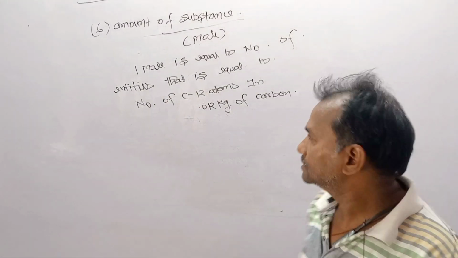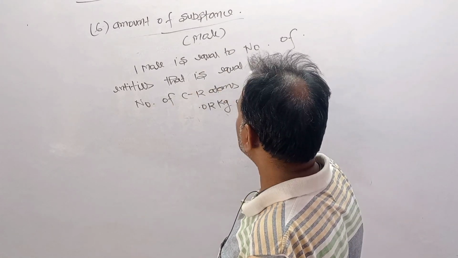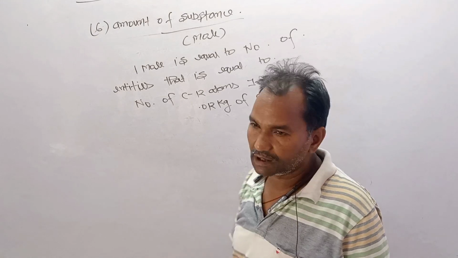What is said? 1 mole is equal to the number of entities that is equal to the number of carbon 12 atoms in 0.012 kg of carbon.